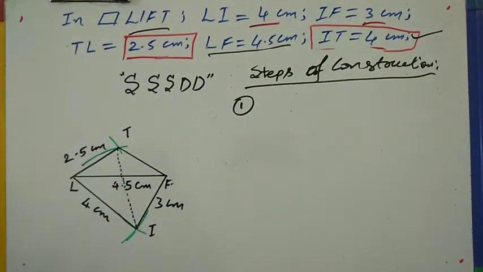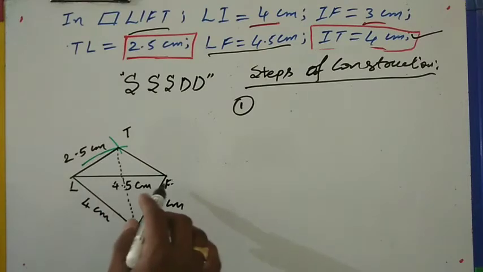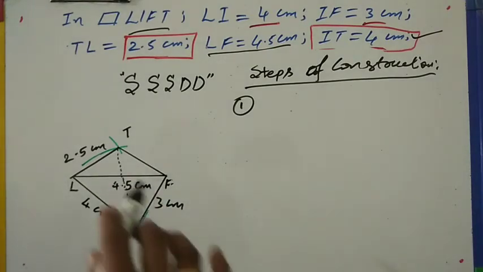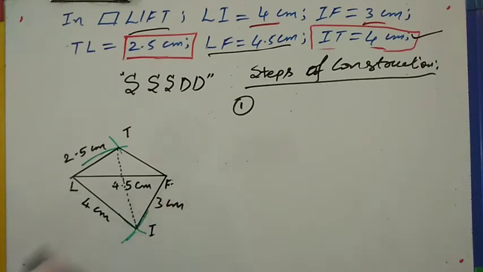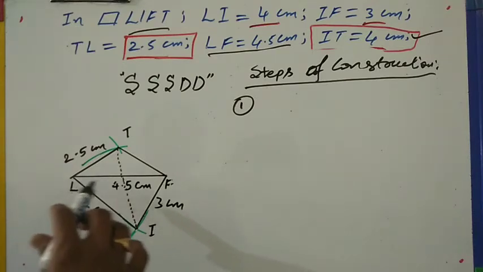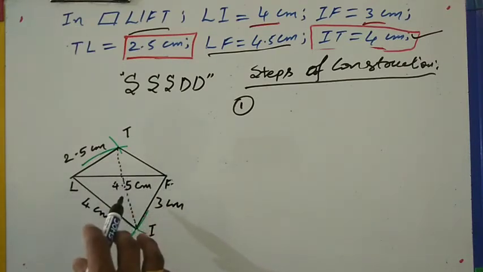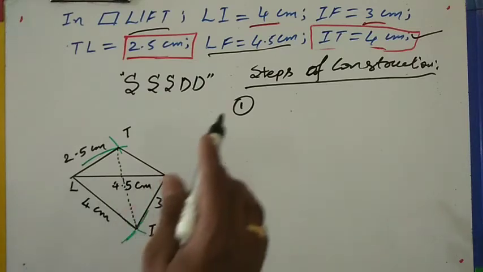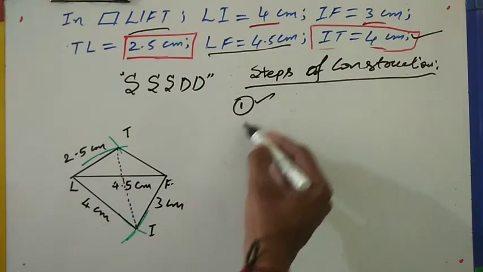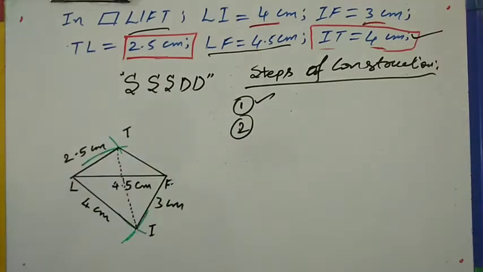First step, we will draw LF diagonal of measure 4.5 centimeter using ruler. Draw diagonal LF of measure 4.5 centimeter using ruler or a scale, you can say. That is step 1. Coming to step 2.